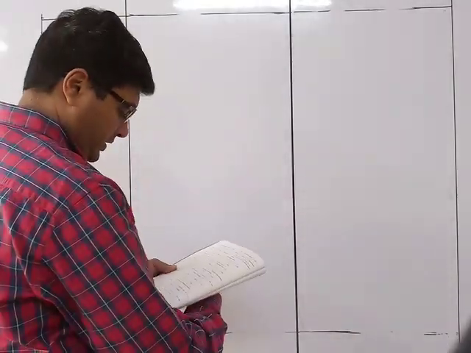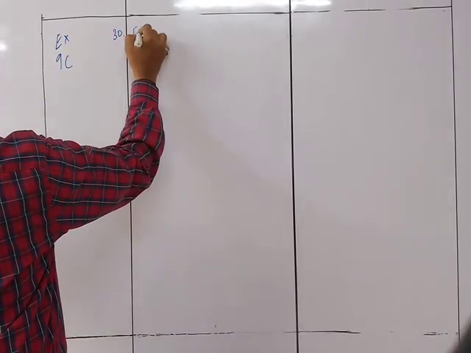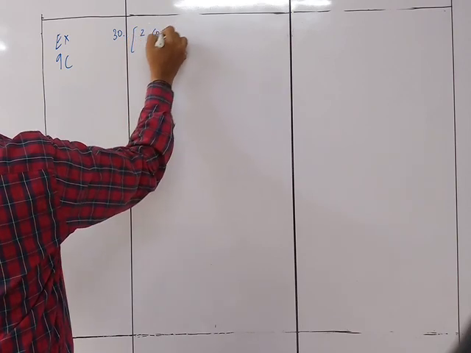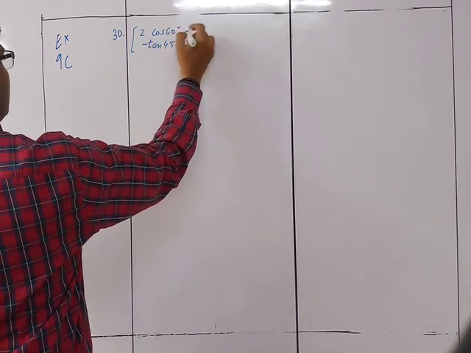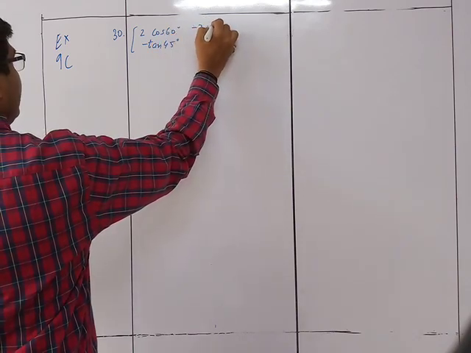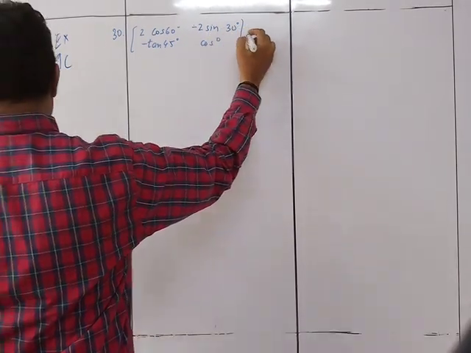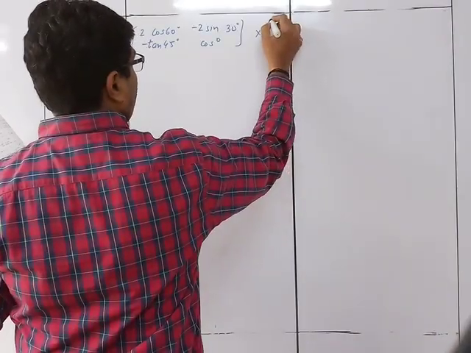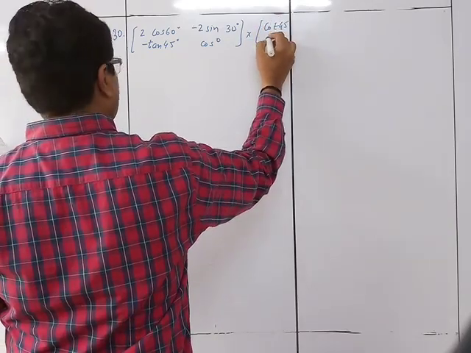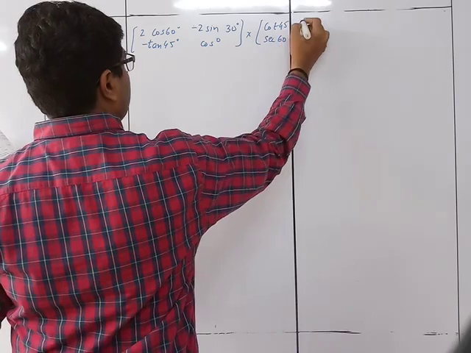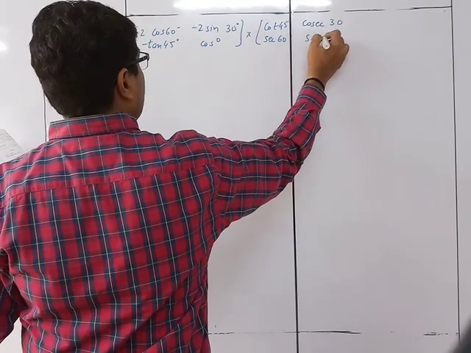Okay, in sum number 30, you have got the values in terms of sine and cos. So you have got here 2 cos 60 minus tan 45 degrees, minus 2 sin 30, cos 0, multiplied by cot 45, sec 60, cosec 30 and sine 90.